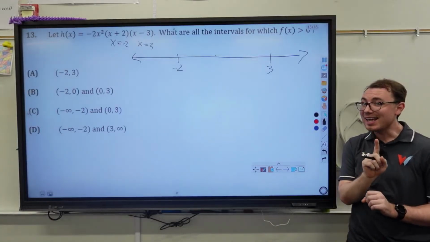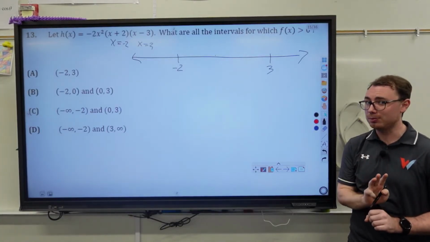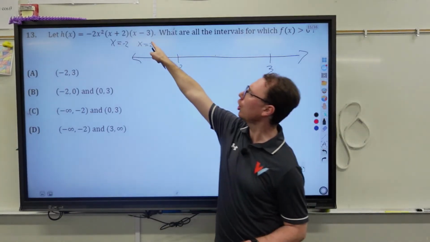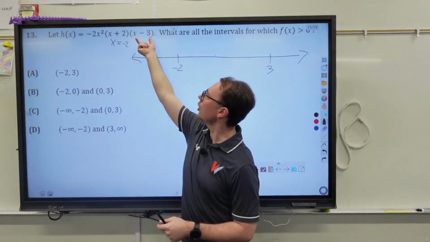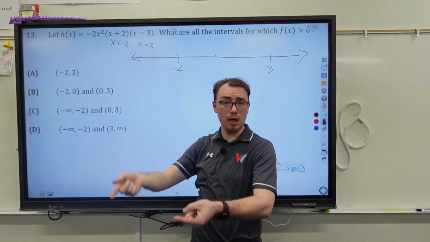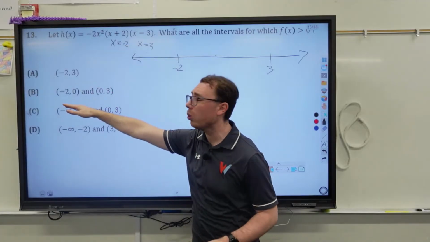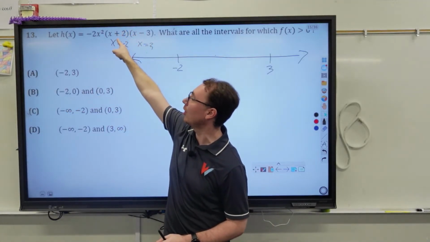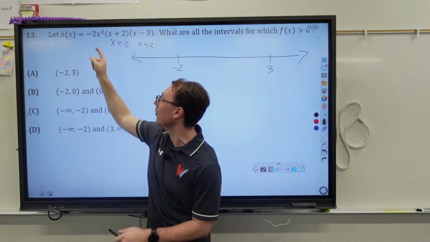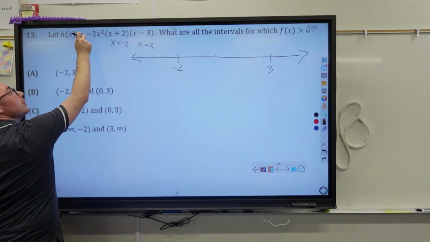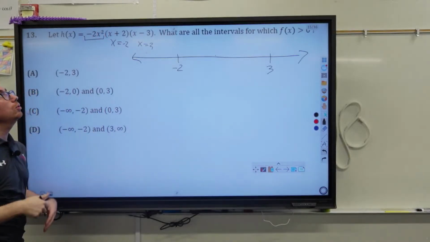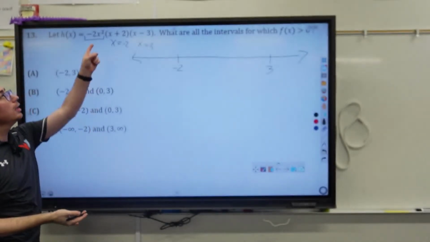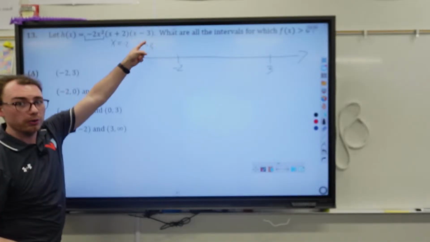Notice there is a hidden third root for this problem. If that term of x minus 3 becomes 0, the whole equation becomes 0 because it's 0 times this term times this term. If this front term of -2x squared is 0, it's multiplying these other two.